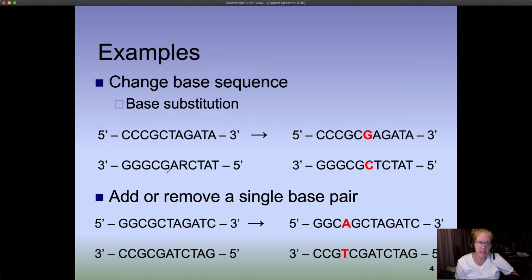So here are some examples of changes in a base sequence. First we have a base substitution.